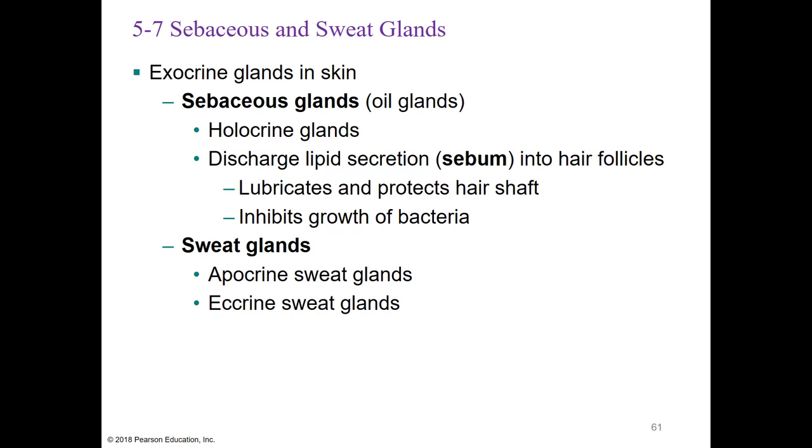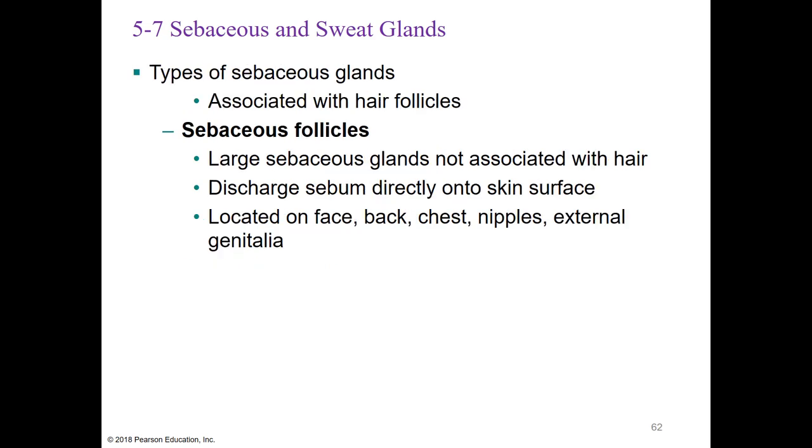Oil glands can also not be associated with hair, and they can just put oil right onto the surface of the skin, and you would definitely have those on your face. So again, sebaceous glands can be associated with hair or not associated with hair and discharge oil directly onto the skin. We have these on our face, back, chest, nipples, and external genitalia.